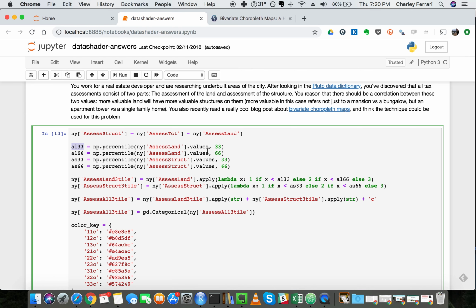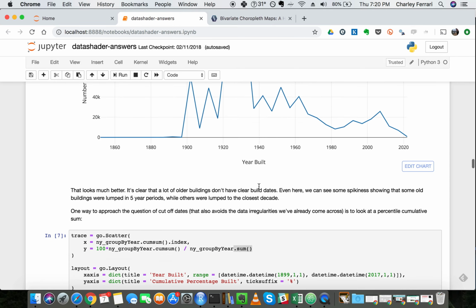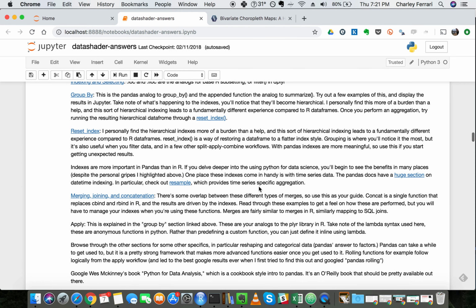So I'm calculating my percentiles here, and I mentioned in the documentation, though I didn't really go through it yesterday, that pandas apply is one function you come across a lot in pandas. With R, you have the original plyr library, which does a lot of this split, apply, and combine methodology.